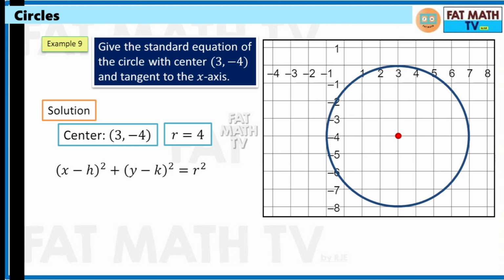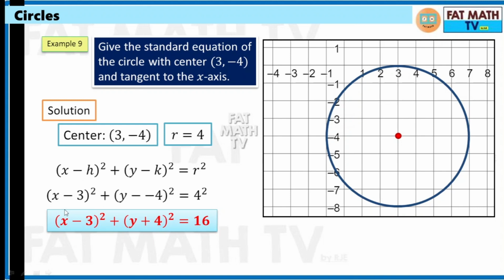So we already know our h, k, and r. H is 3, k is -4, and r is 4. So you can already identify the equation. So that is x minus 3 squared plus y minus -4 squared equals 4 squared. That simplifies to x minus 3 squared plus y plus 4 squared equals 16.